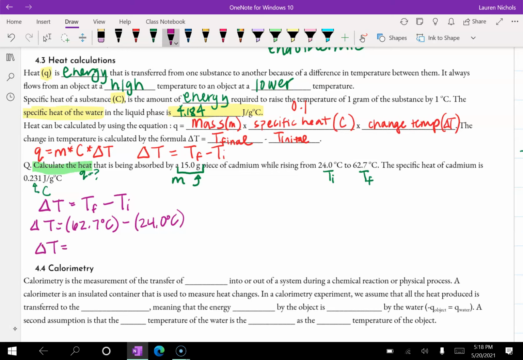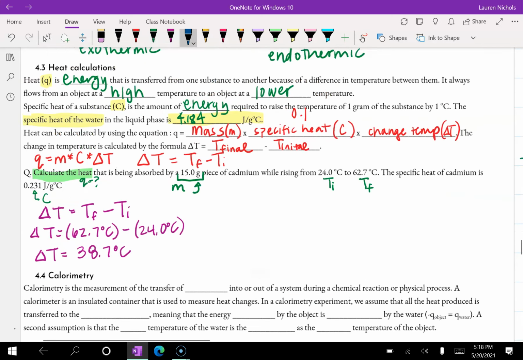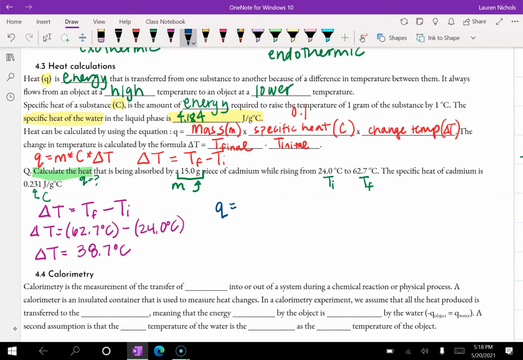When we subtract, 62.7 minus 24.0, you get 38.7 degrees Celsius. And now that we know our delta T, we can solve for Q using our Q equals M times C times delta T formula, because we're looking for Q, so it has to be by itself.